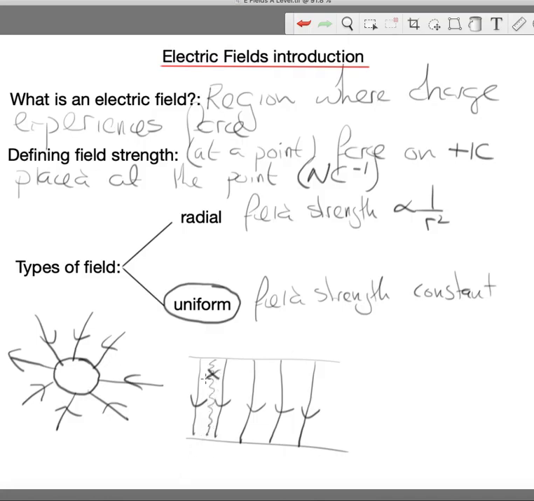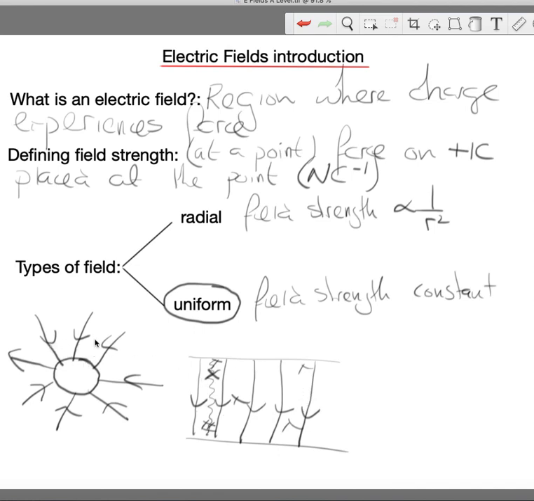The field strength here, and here, and here, all the same. So this is a uniform field. The field lines are parallel. There's no changing distance between them, so the field strength is constant.